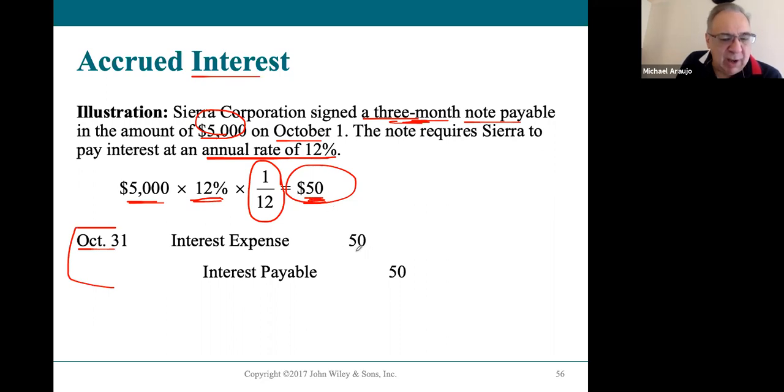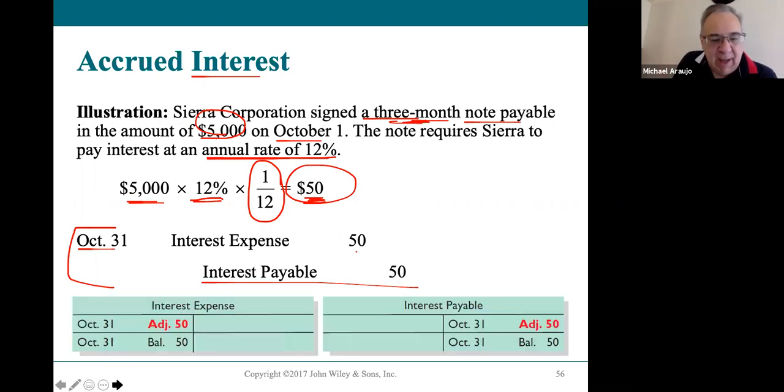And so $50 interest expense for October is truly what happened. That's the cost of that loan for October. We're not paying it yet. We're paying it when we pay the loan. So we set up an interest payable. Interest payable will go with that note payable. We'll pay all of it when it's due.